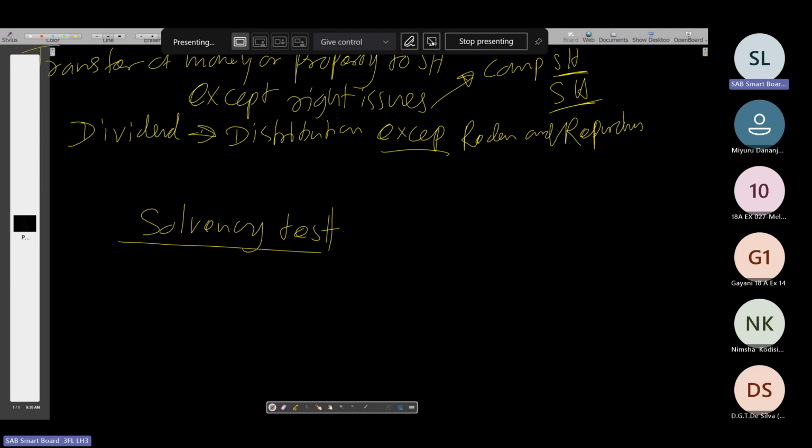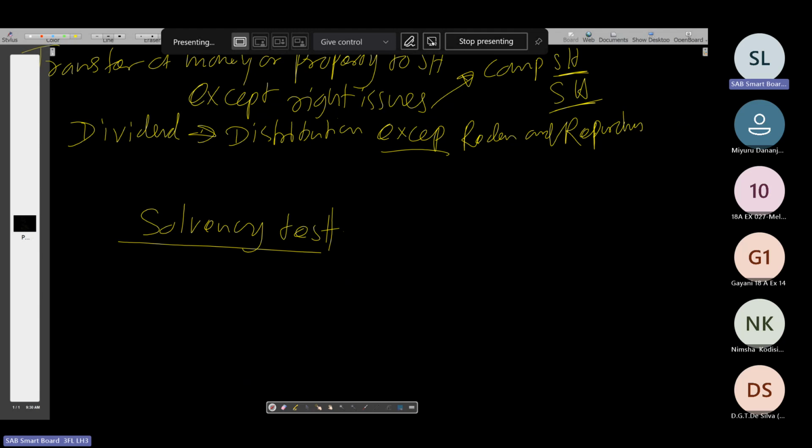Without meeting the solvency test, the company cannot do this. Cannot do payment of dividend, repurchase, reduction of stated capital. What do you mean by solvency test? How can we check whether the company is able to meet the solvency test or not?